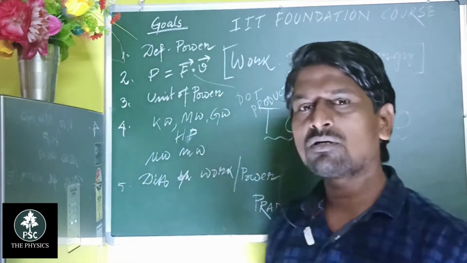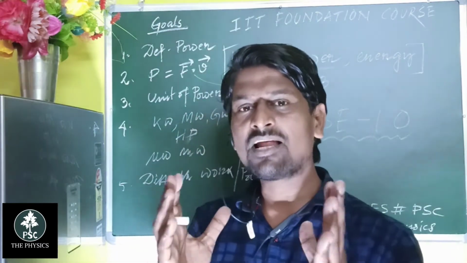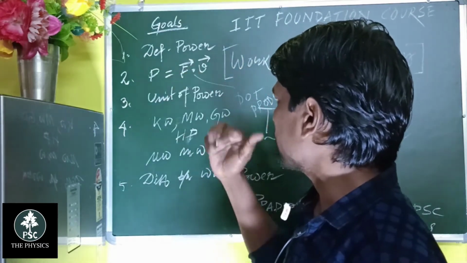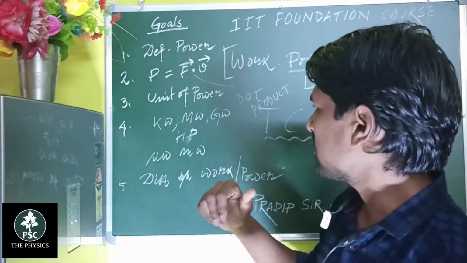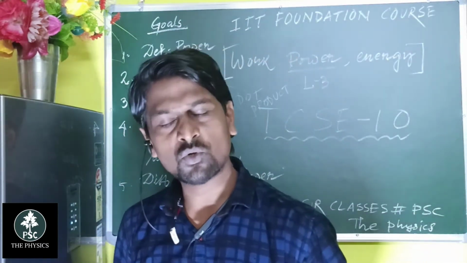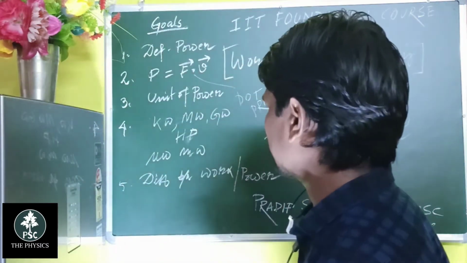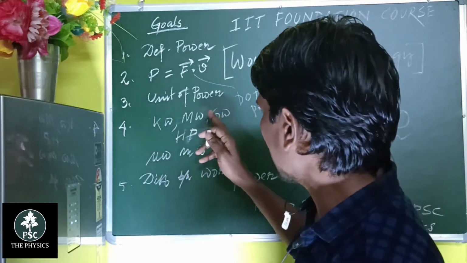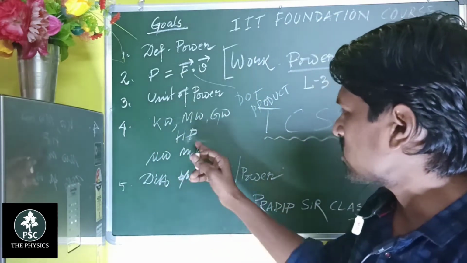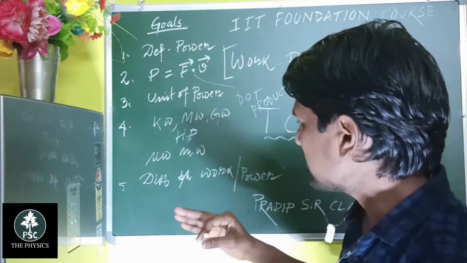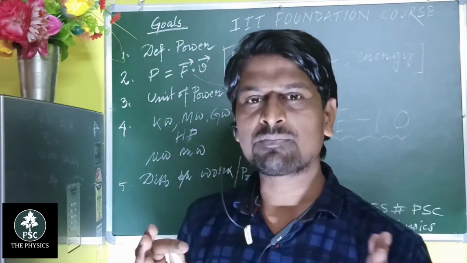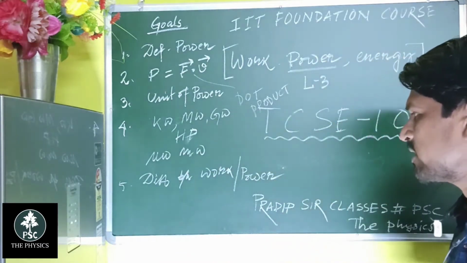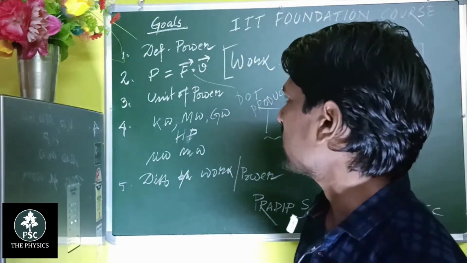What is a vector, what is a scalar, and what is a dot product, we will know after completing the class. Then the units of power: kilowatt, megawatt, gigawatt, horsepower, microwatt, milliwatt, all the multiples of power. And the last one is the difference between watt and power.